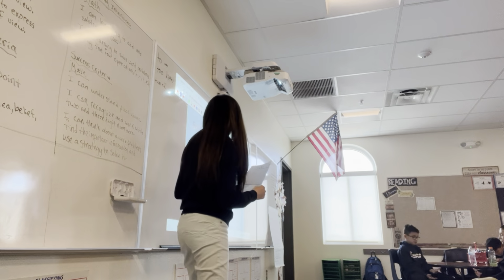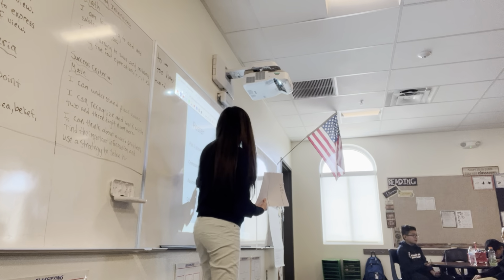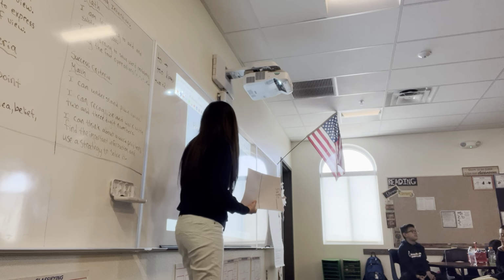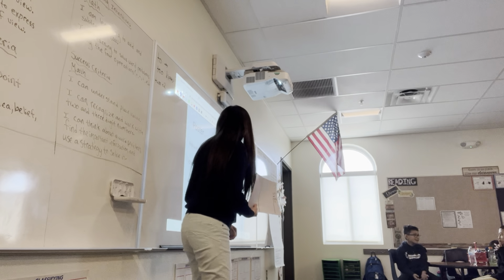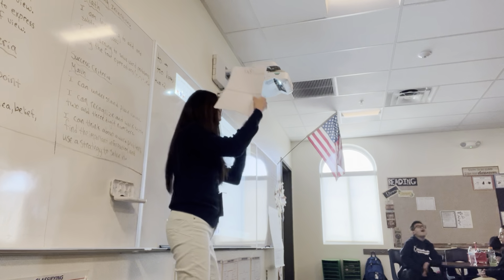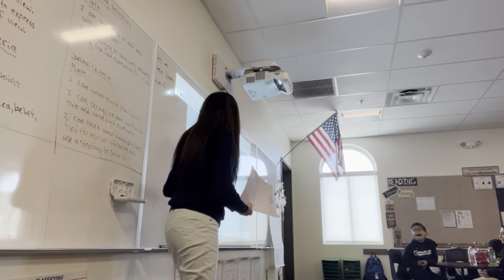Okay, so I'm going to review each of these properties. Commutative is flipping. Do you guys remember flipping? So you can remember flipping for commutative. And then associative, grouping factors. Do you guys remember the parentheses and what times what you break down into?